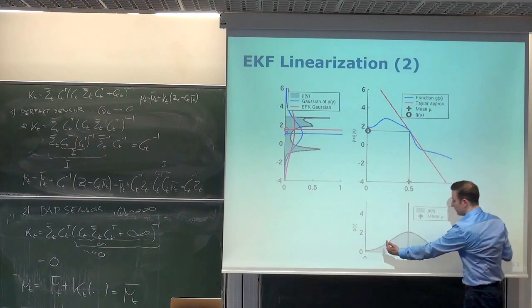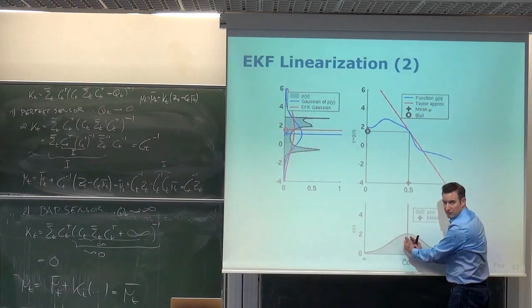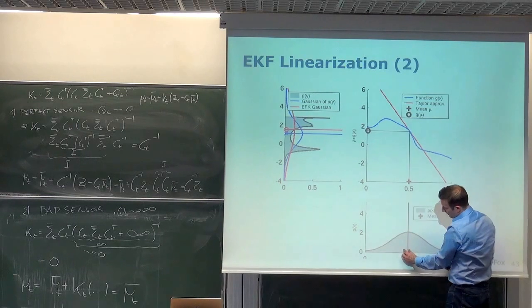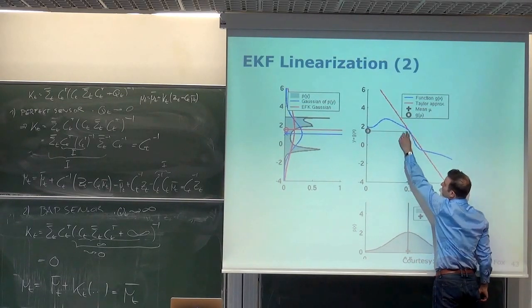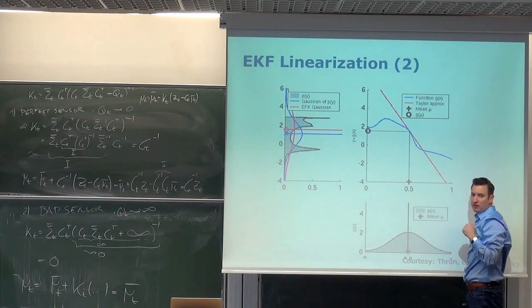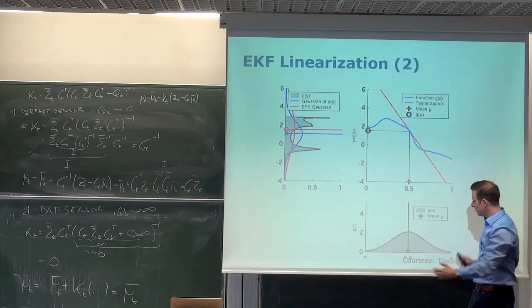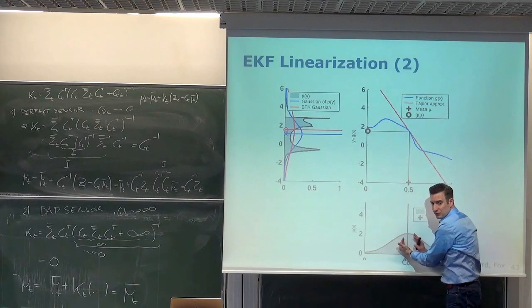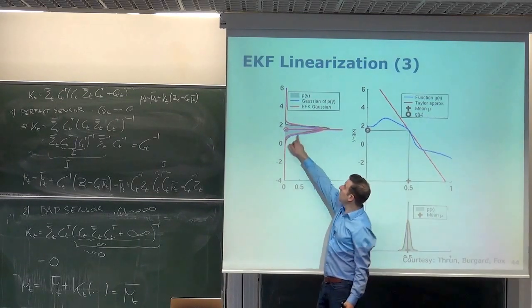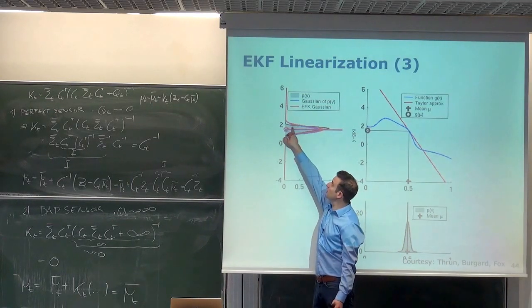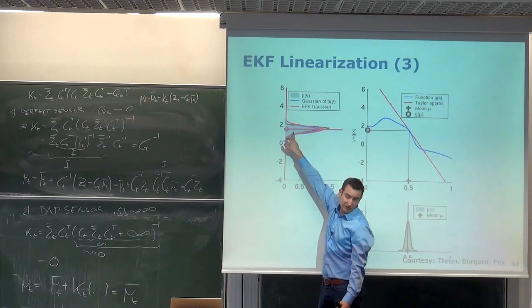If I, however, shrink my uncertainty, so I have a very focused belief, all of the probability mass, or a large part of it, will be mapped through this linear function near the linearization point, and then the quality is likely to be better. So if I have a Gaussian with a smaller uncertainty, like this one over here, those two functions will be very similar, and the mistakes made through the nonlinear function are not that severe anymore.